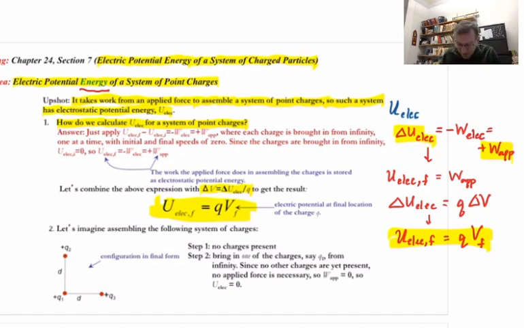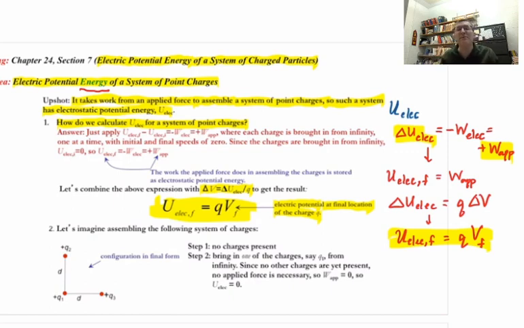The electric potential energy then is the charge that I moved, Q, times the electric potential in volts, V, at the final location where I put the charge, Q. That's all we have to do. We've got to find the electric potential at the final location where we put that charge Q and multiply that by Q. So let me show you how this plays out.